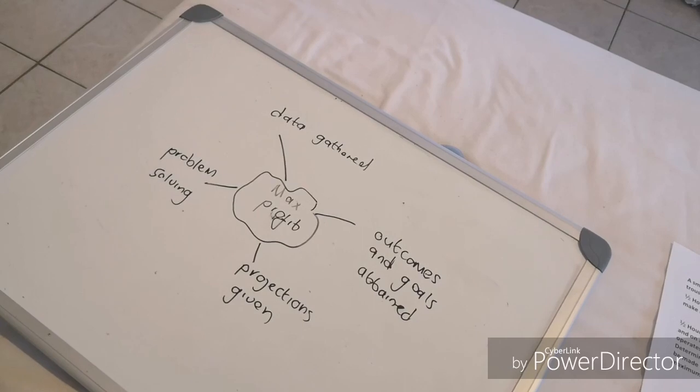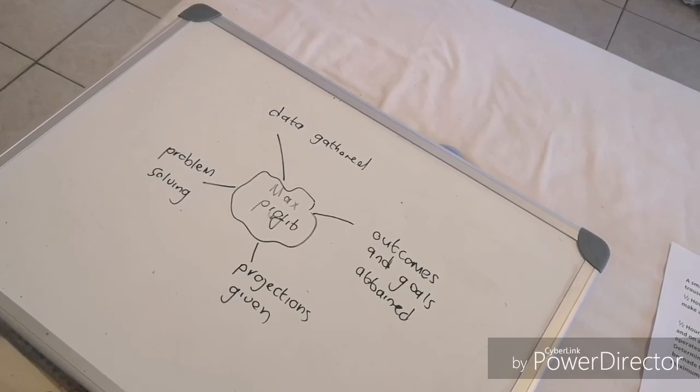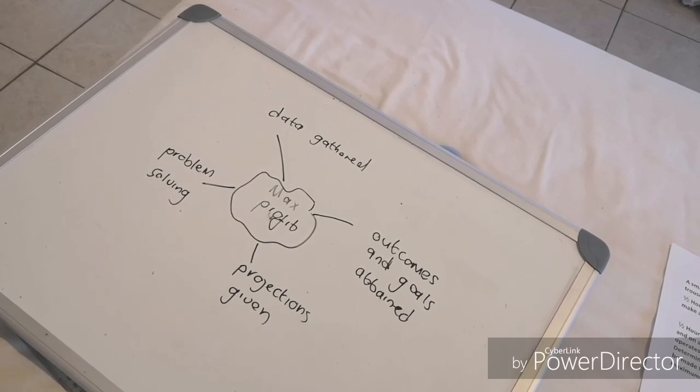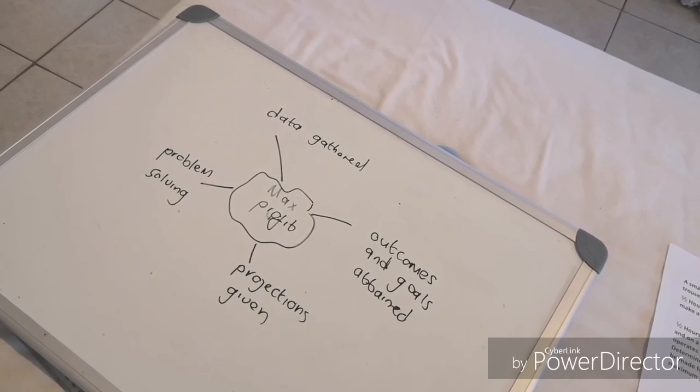And at the end of the day, we obtained outcomes and goals in order to establish how we would be able to achieve our projections, and in order to get maximum profit. And that's basically it.